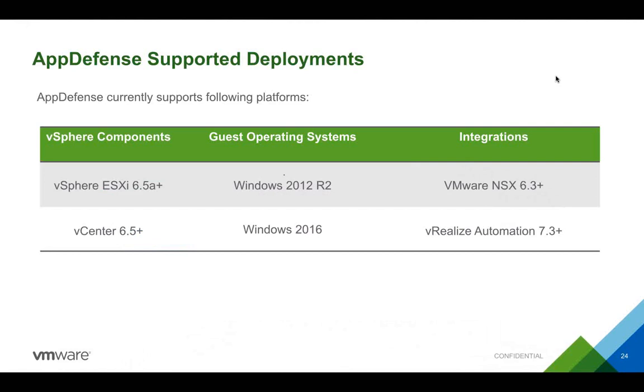The reason we have 6.5 as a minimum support for AppDefense is because 6.5a introduces a lot of security features in the kernel, and it also has the VMM and the VMX monitoring module in 6.5a, which we use extensively to provide the host and the guest integrity of the modules that are loaded as a part of AppDefense.